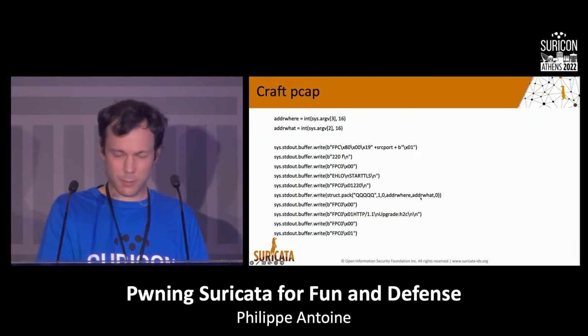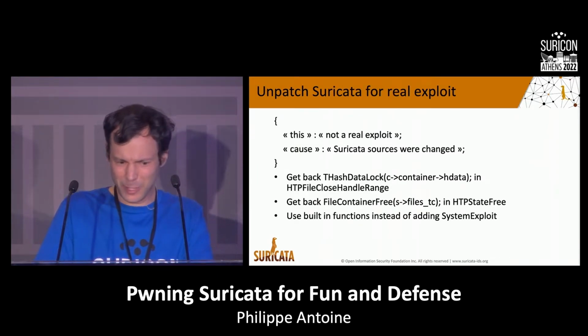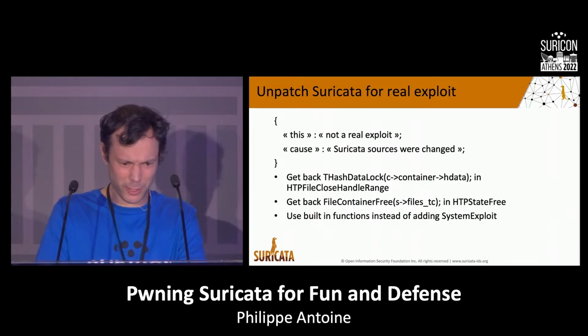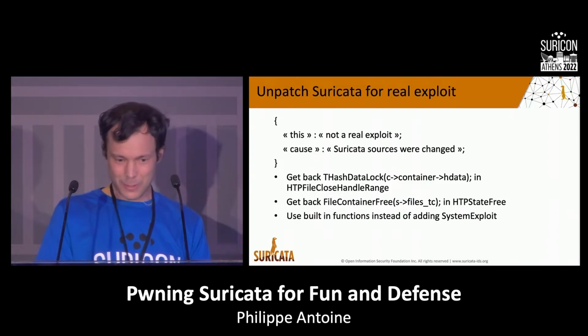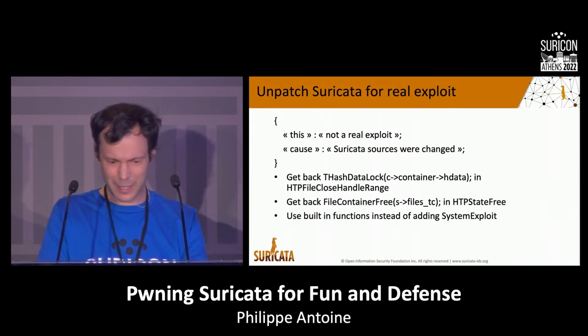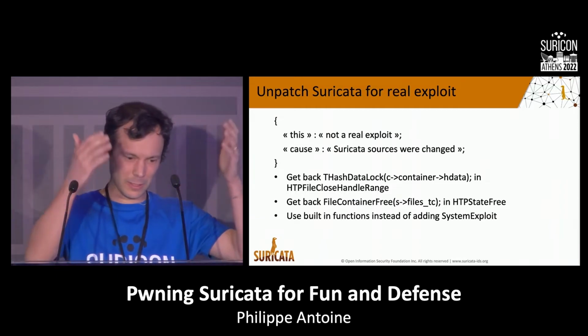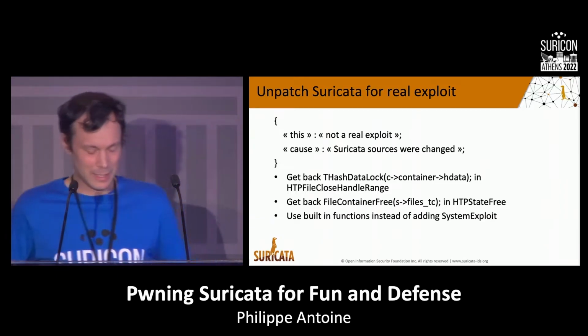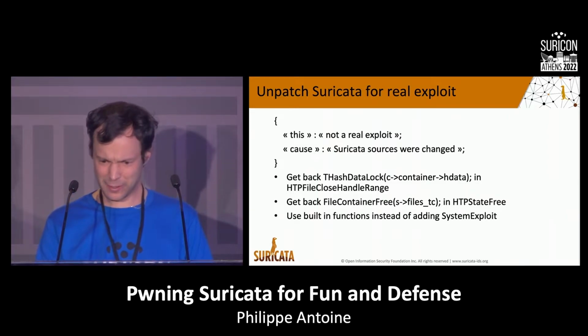And it was working, and I was really proud. And then someone in the team told me that this is not a real exploit because I changed the source of Suricata. So yeah, now I had succeeded, but now I need to refine. So I need to get back, unpatch Suricata, all the three things.